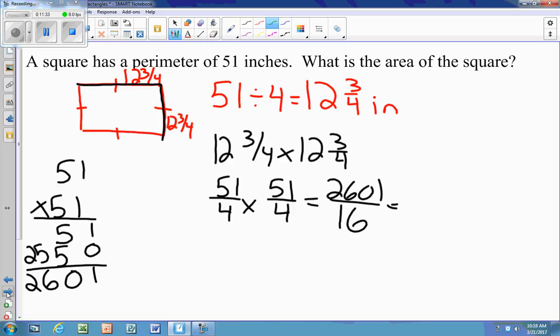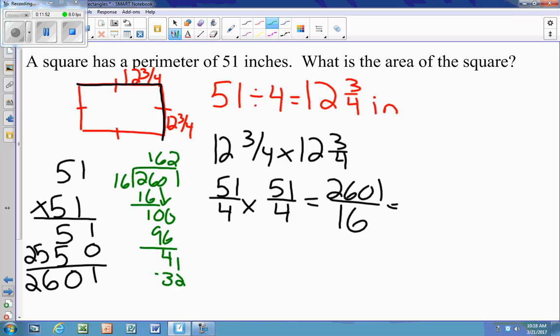Not something that many people can do in their head, so they should also come to the side. And we end up with 162 and 9/16 square inches.